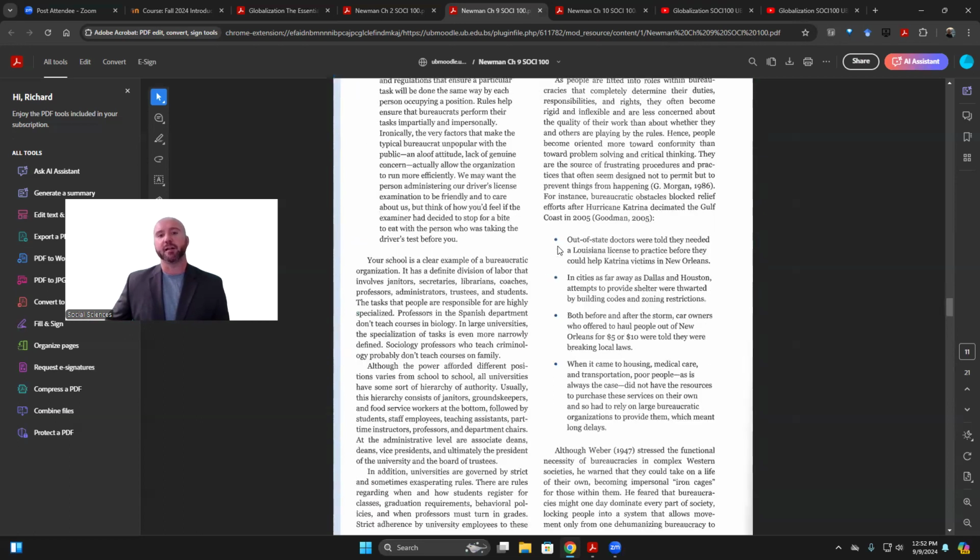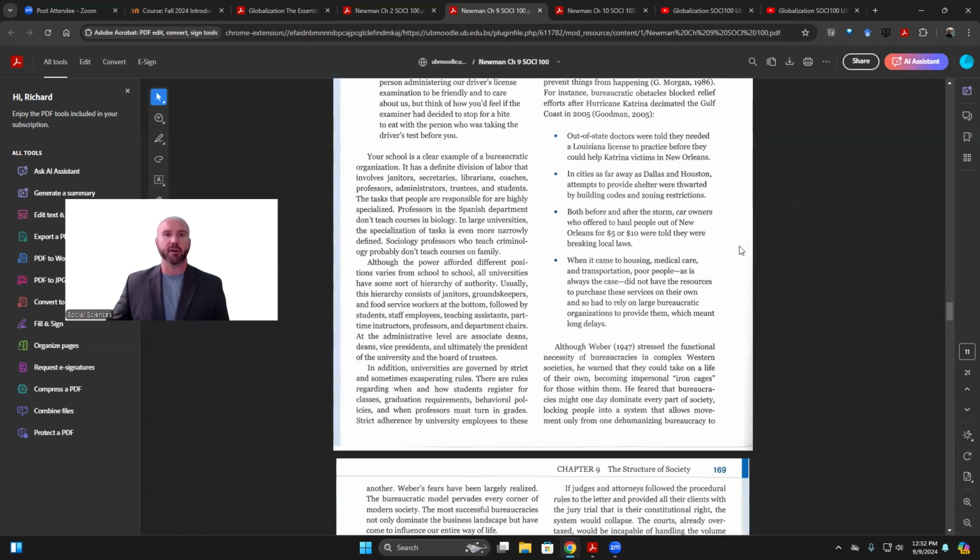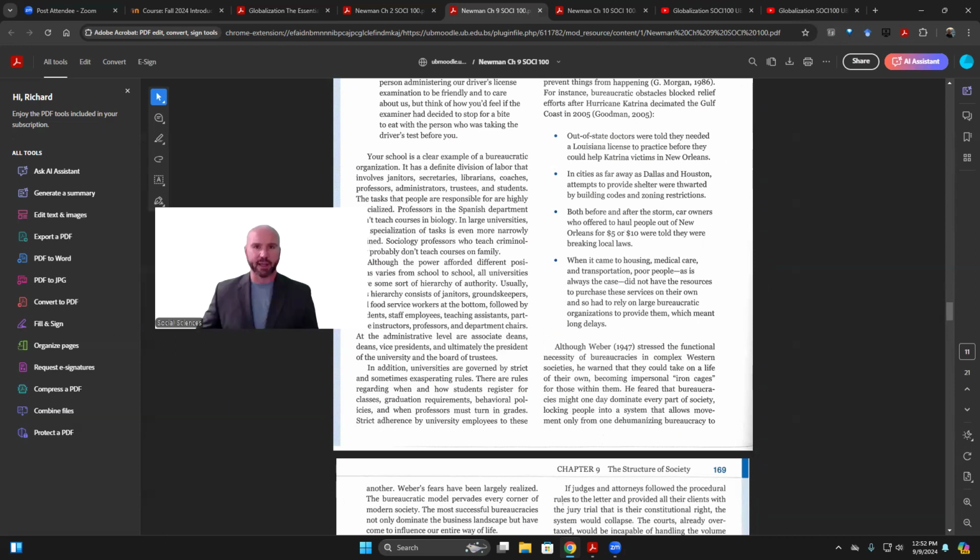But these unintended consequences of large-scale purposive actions are important. So that's discussed on page 168 in terms of governmental actions that have been taken that negatively affect people's lives, because what tends to happen is these one-size-fits-all, quote-unquote, solutions are proposed that necessarily cannot take into account specific situations or unique circumstances that individuals face, or when individuals are faced with disruptions due to disasters or catastrophes of some type.